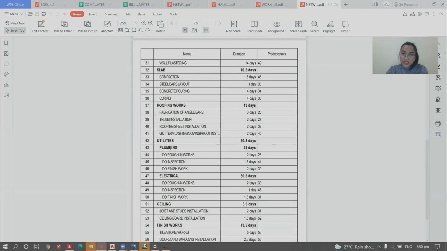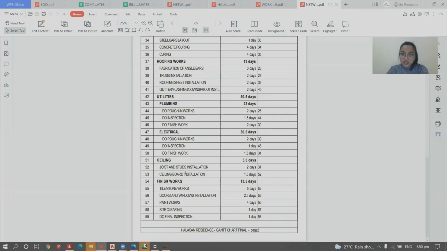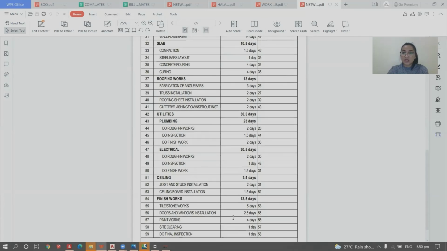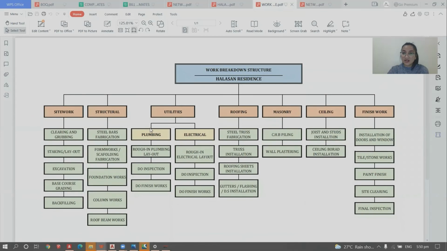And then under utilities, we have plumbing, rough-in works, inspection works and finish works, then electrical works, inspection works and finish works, ceilings, joist and stud installation, ceiling boards installation. And then for finishing works, we have tile works, doors and windows installation, paint works like clearing and final inspection.